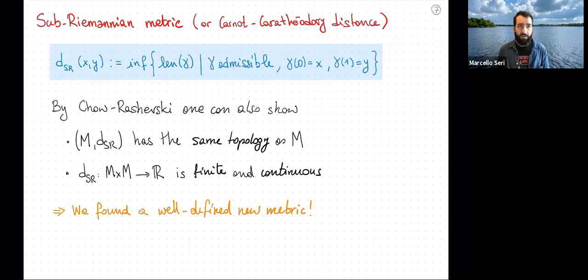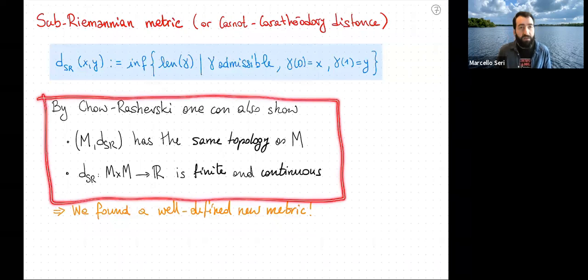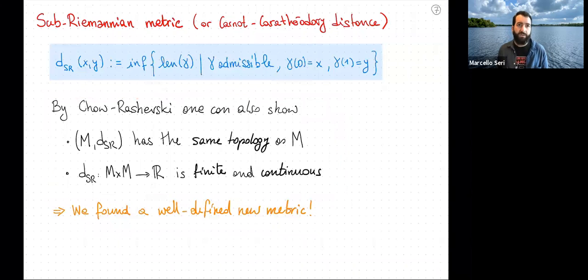So this thing will not destroy the structure that you have there. These are basically immediate consequences of the Chow-Rashevskii theorem and the proof of that theorem. So it will lead to weird stuff, but it's not that bad of a distance. And so we have found a metric on our space, as a metric space, that is induced by the sub-Riemannian geometry that we have put there.